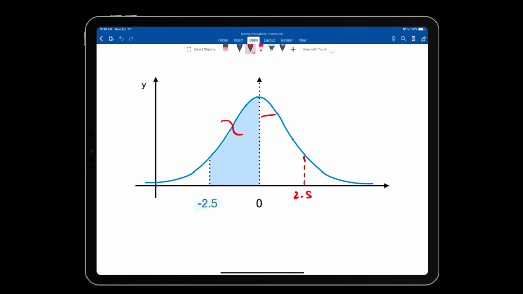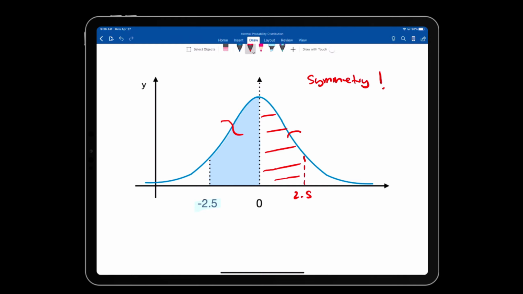If I know the area by my z table from 0 to 2.5, I find that answer, and it's going to be the same as the other side because of symmetry. All right, you guys okay with that?